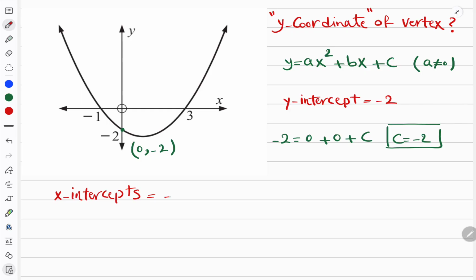Okay, so -1 and +3. Okay, using these 2 points, we can find the middle point between them, which is the x-coordinate of the vertex, because we have the middle point here, and we can draw a line which is line of symmetry.